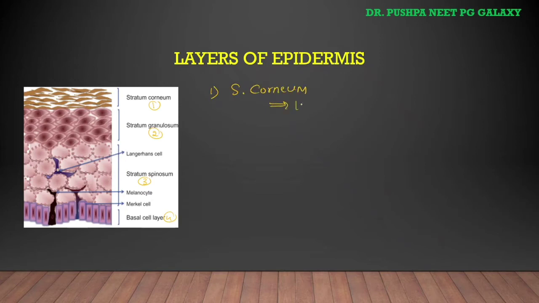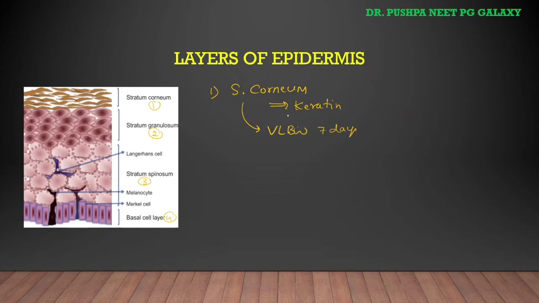Corneum means keratin. This layer has lots of keratin. Usually, this stratum corneum is underdeveloped in very low birth weight babies in initial 7 days.